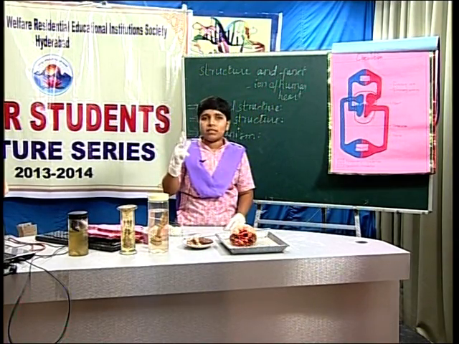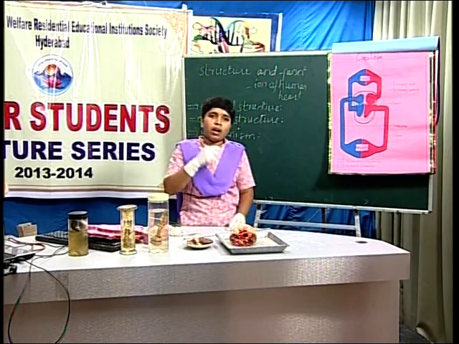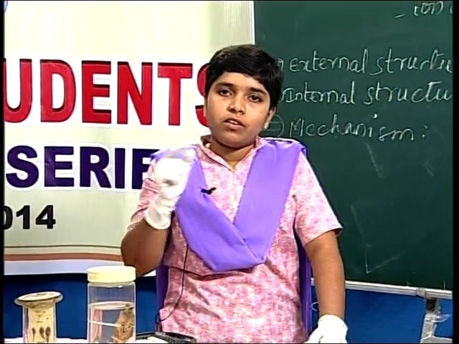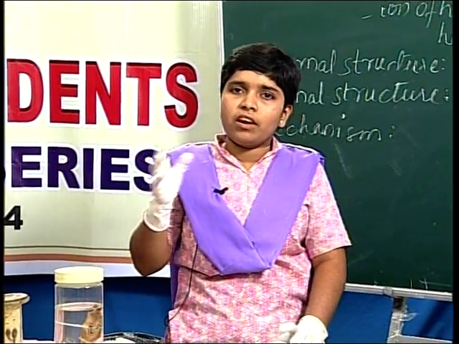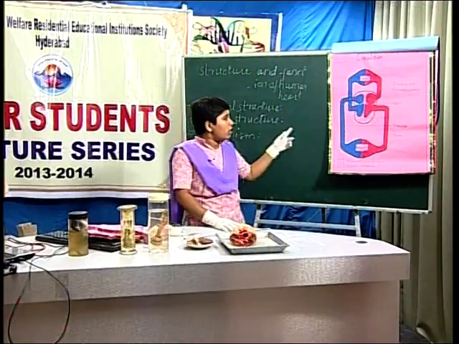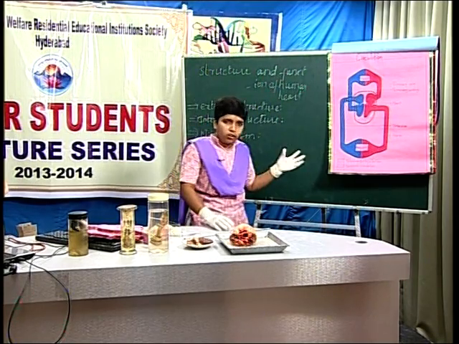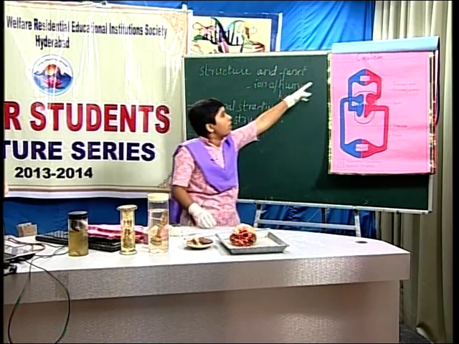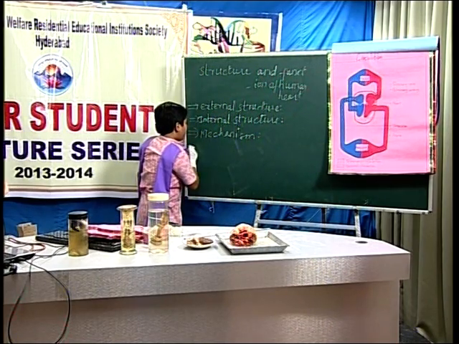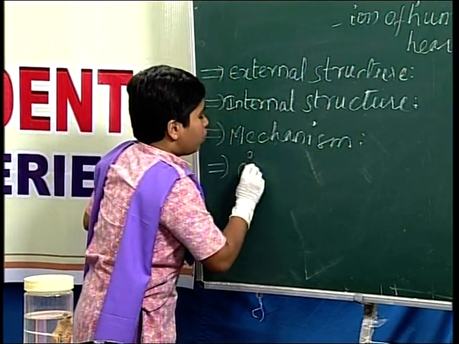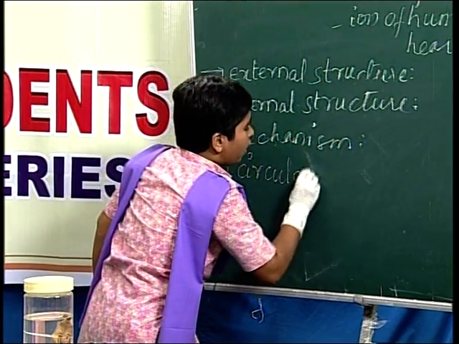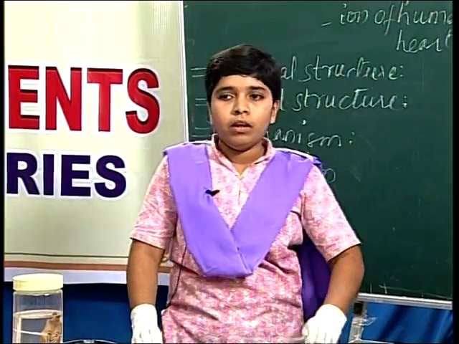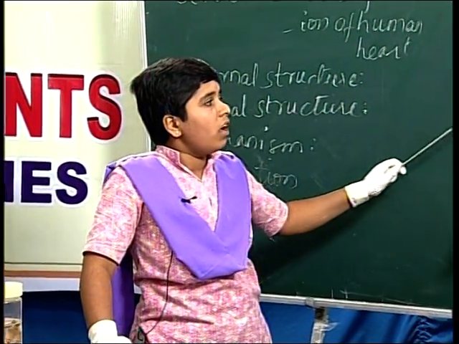When the blood passes two times through the heart, it is called double circuit circulation, and such a heart is called a double circuit heart.